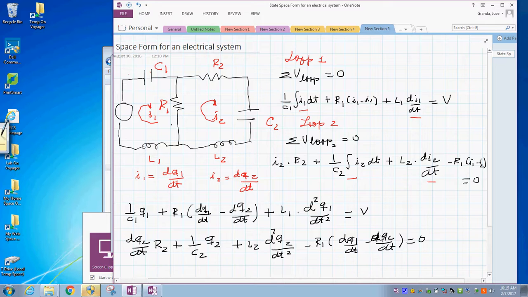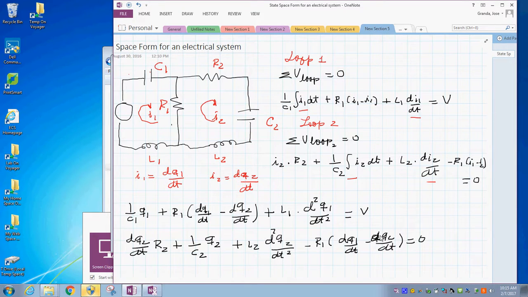So you see here, we still have some work to do, because based on what I told you, we need to rearrange these equations to be able to transform them into first order differential equations.